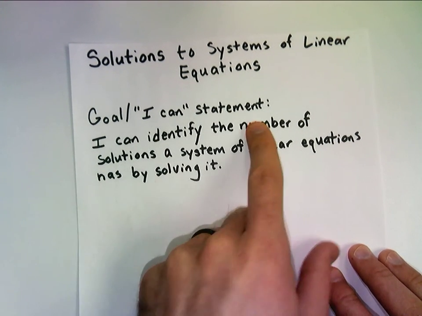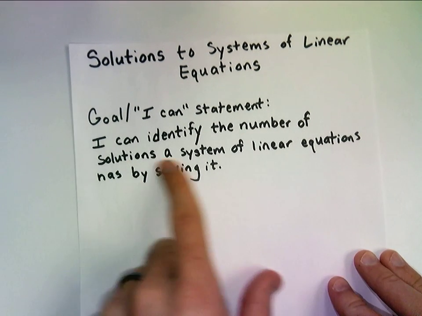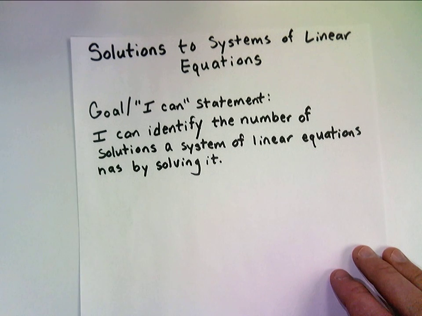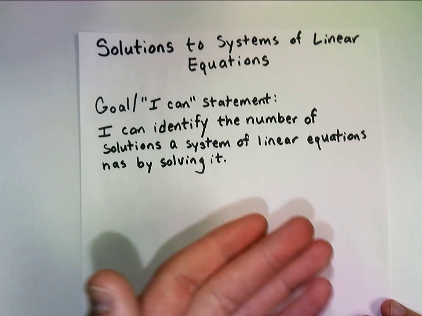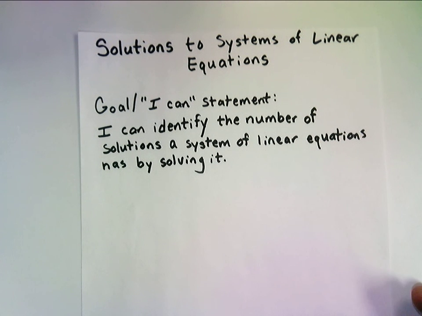Remember, our goal or I Can statement was I can identify the number of solutions a system of linear equations has by solving it using graphing, substitution, and elimination. So hopefully after watching this video, you're feeling more comfortable with using those three methods and understanding the different types of solutions that systems of equations can have.